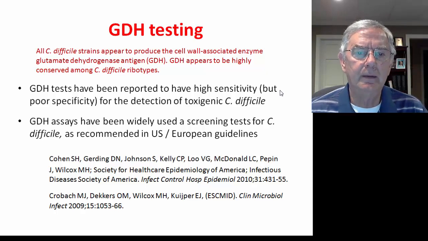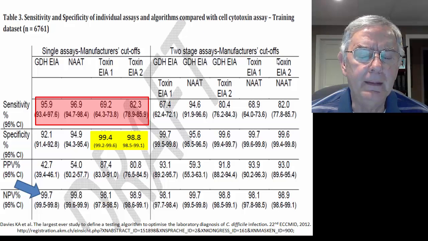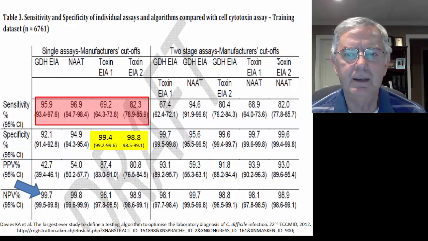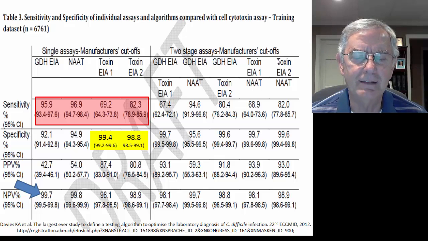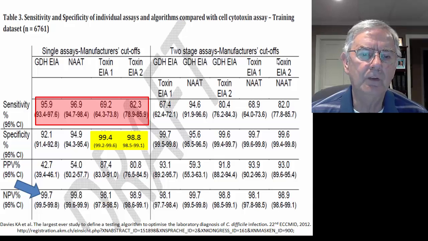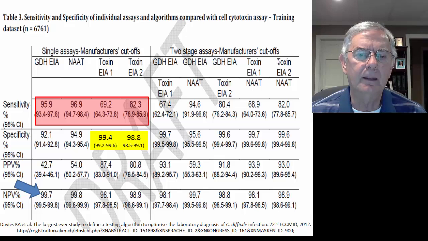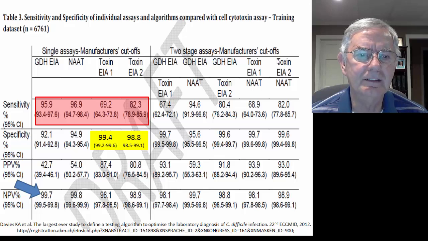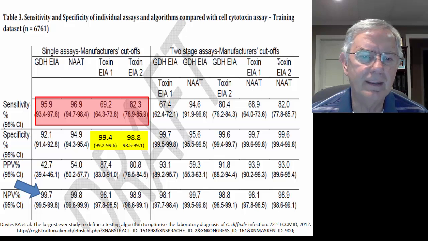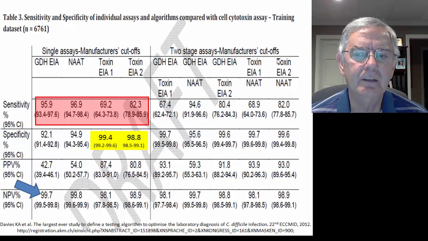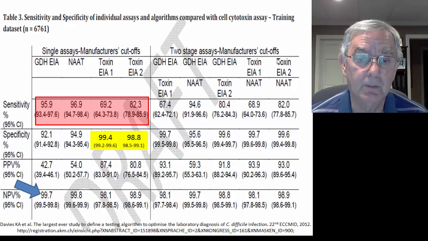Here's a study that combined the enzyme immunoassays for glutamate dehydrogenase as well as nucleic acid testing in PCRs. If you'll notice in the red marked area, you'll notice that the sensitivity for the GDH enzyme immunoassay alone and the sensitivity for the PCR alone were very, very similar.